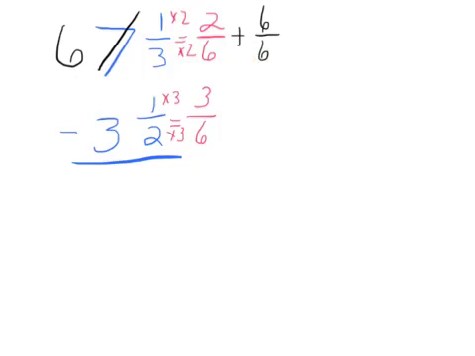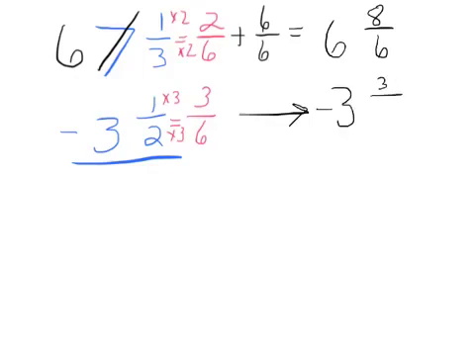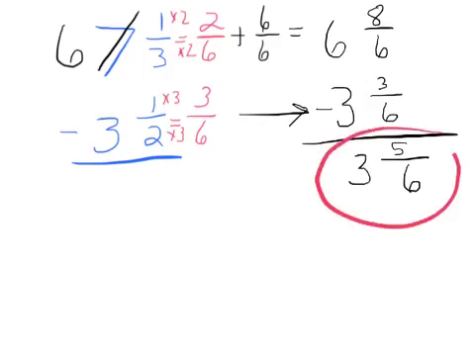And I chose sixths as my denominator because all my denominators now have sixths. So when I add these up, I get 6 and 8 sixths. And then I'm going to bring over my other fraction, take away 3 and 3 sixths. Now I simply subtract. 8 take away 3 is 5 sixths, and 6 take away 3 is 3. So my final answer here is 3 and 5 sixths.